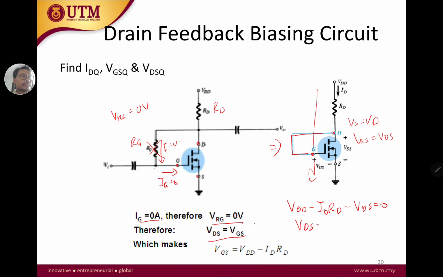So VDS is equal to VDD minus IDRD, which is equal to VGS. So we have proven that VGS is VDS, and then we know that VDS is VDD minus IDRD. Therefore, we can get the operating points: the operating points for your drain current ID, your VGS, and also your VDS.